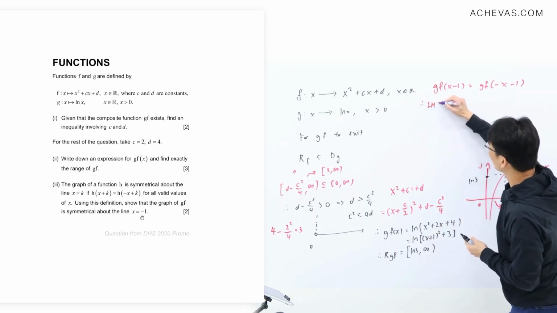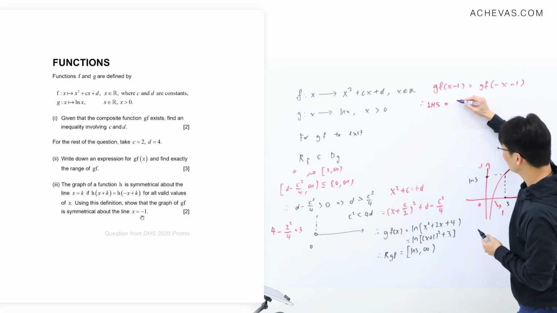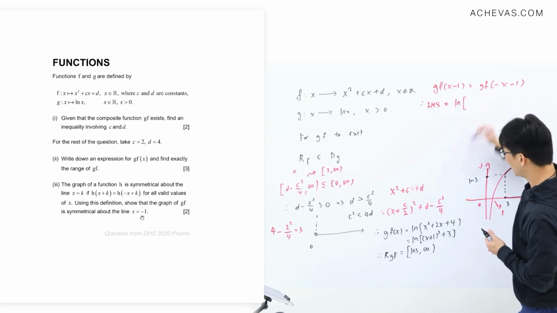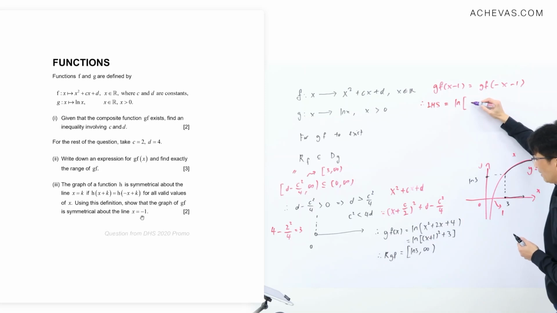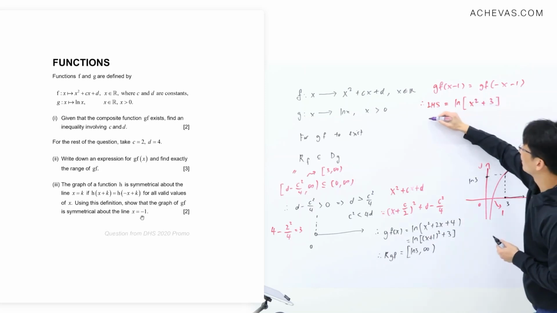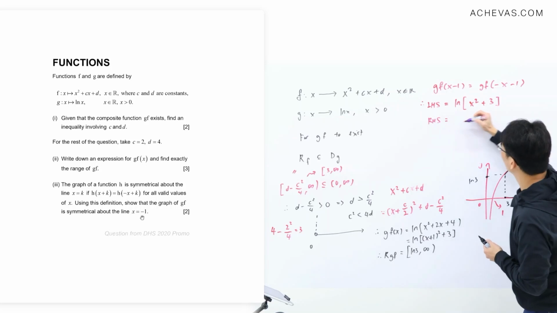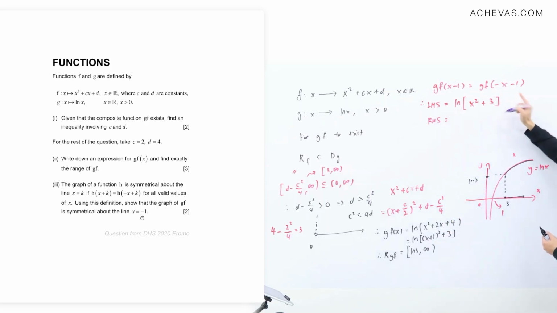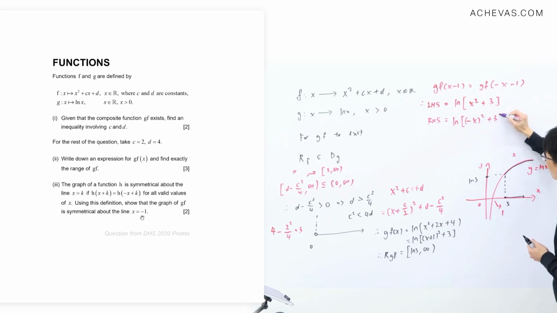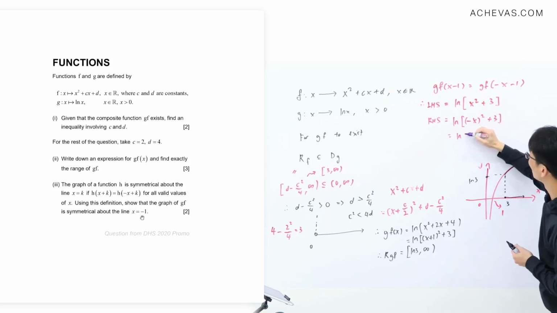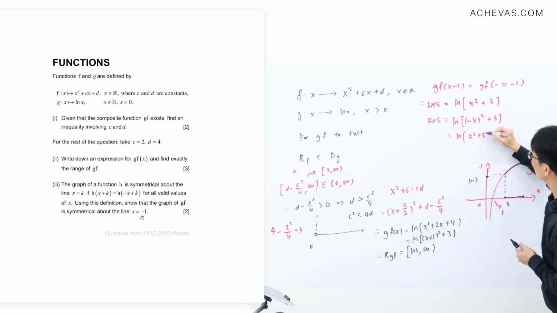Therefore, for the left hand side, replacing the x here with x minus 1, I'll get ln of x squared plus 3. And for the right hand side, similarly, replacing the x with minus x minus 1, I'll be able to get ln of (minus x) whole thing squared plus 3, equal to ln of x squared plus 3.